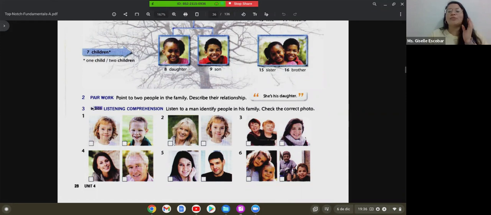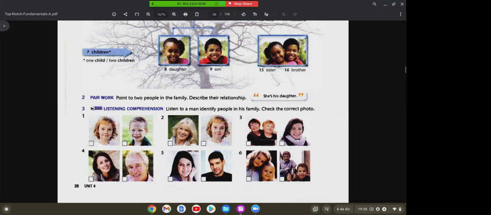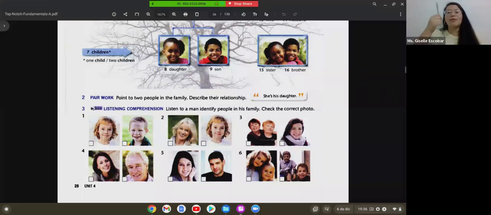Después de escuchar, vamos a decidir cuál es la correcta. So, do we get it? Yes, teacher. Perfect. If you can take notes, if you have a pen or a pencil and a piece of paper, you can write number 1 or number 2 after you listen to the man. So, are you guys ready? Yes, teacher. Perfect.